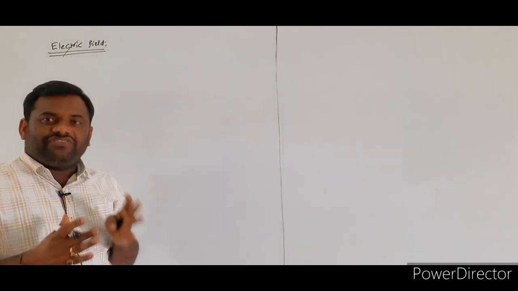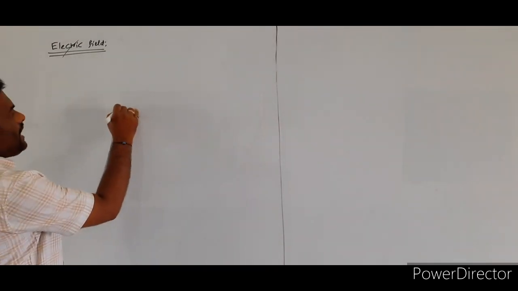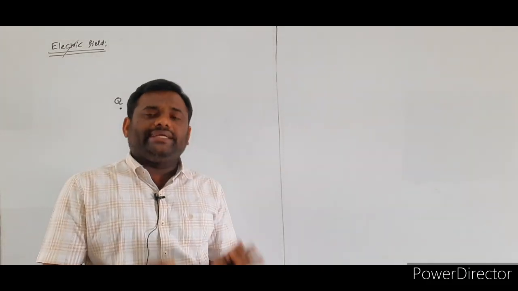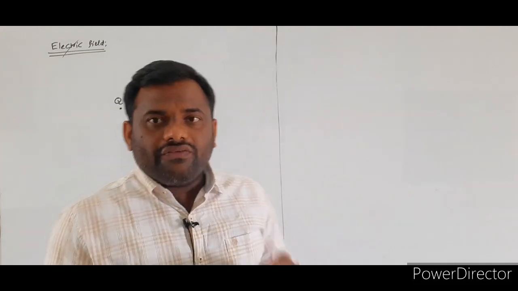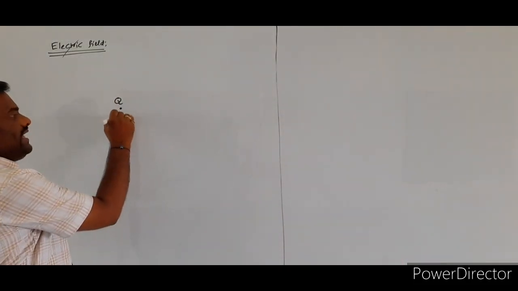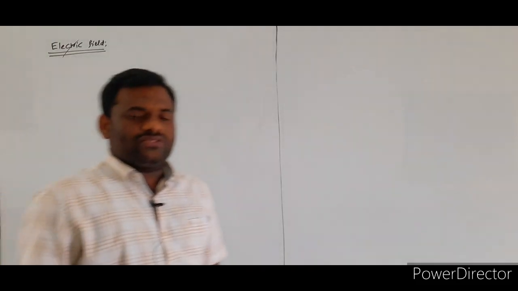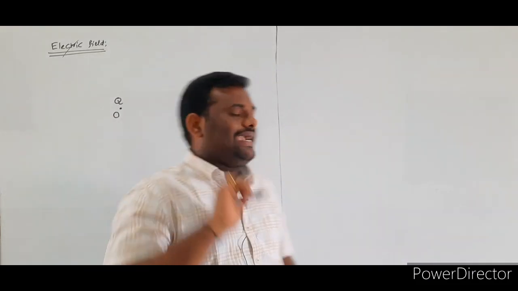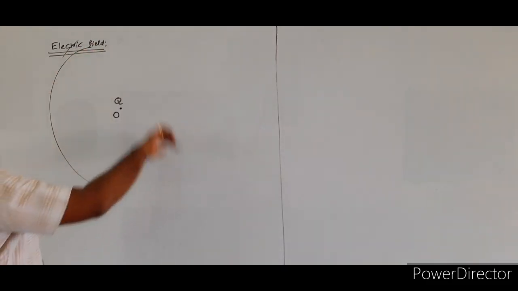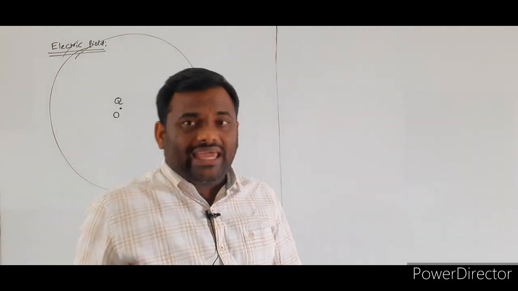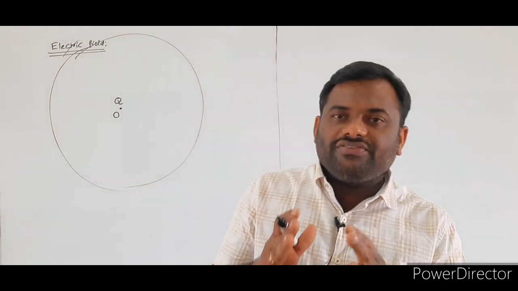To define the electric field, I consider a charge capital Q placed at any one point in the space. Whenever that charged particle is placed at a point in space, the space surrounded by the charged particle will be influenced by some sort of energy.